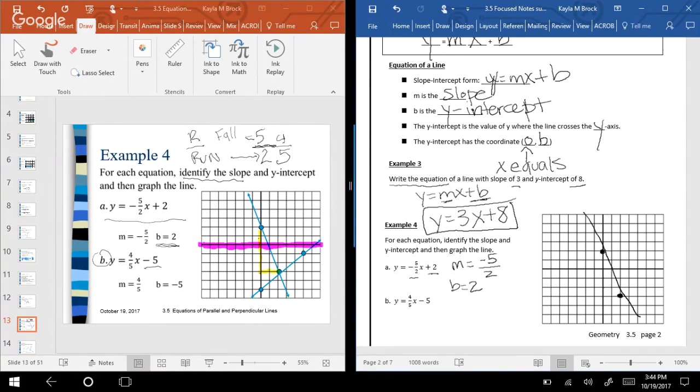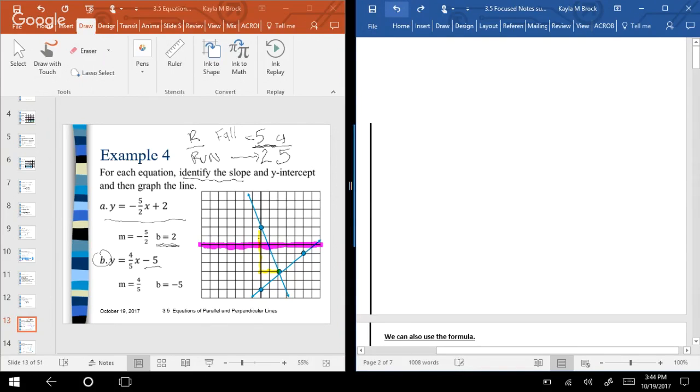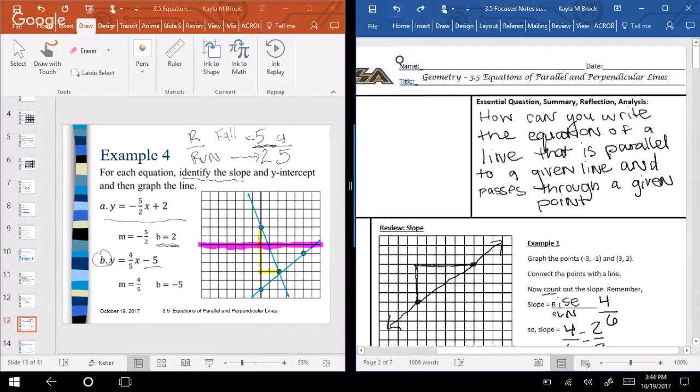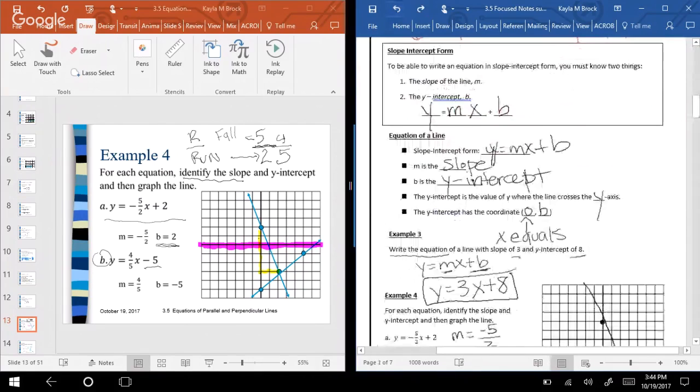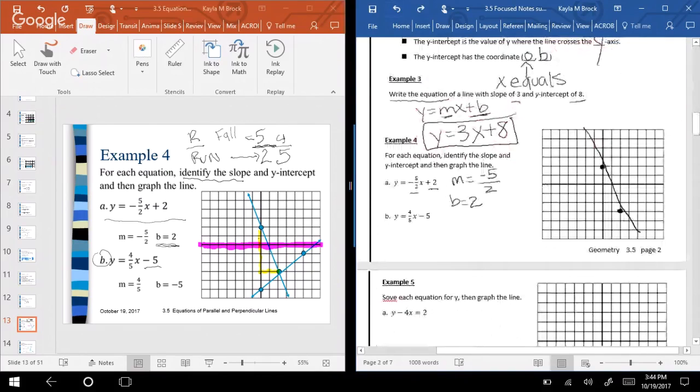Oh, that was terrible. Is there an undo button on here? Oh, there is. What happened? That didn't do what I thought it was going to do. I'll just erase it.